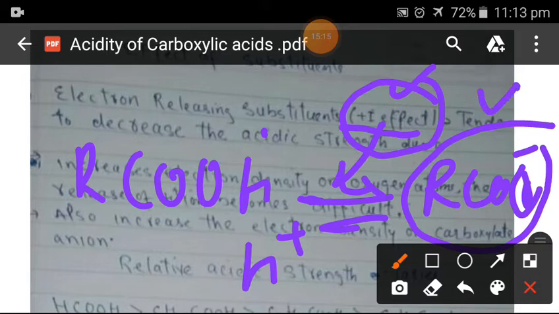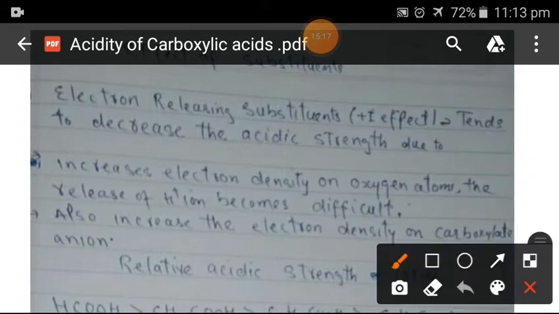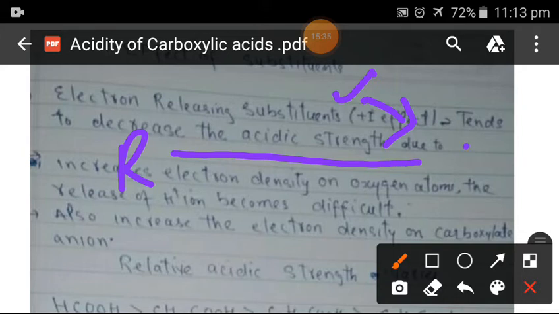So if this carboxylic acid group is attached to electron releasing substituents, they will tend to increase the electron density on this carboxylate anion, as a result of which the acidic strength decreases.